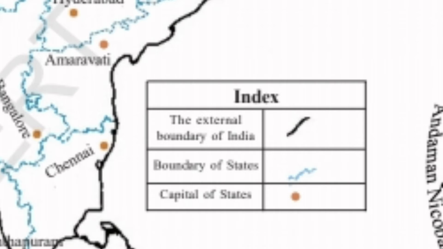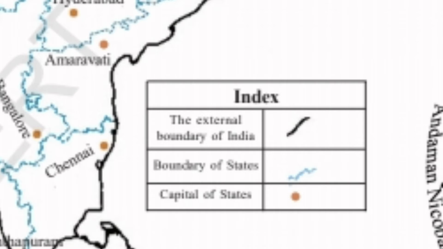And you see on the map, I said that there is an index box. In this index box, you can observe some symbols given. And these symbols are represented with a point, line or sometimes in some maps with an area symbol. Actually, why do we use symbols?